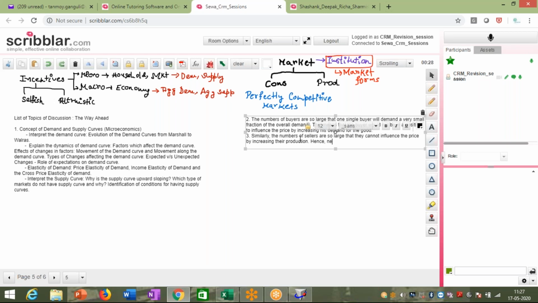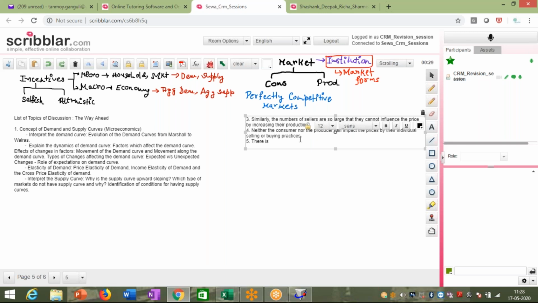Hence, neither the consumer nor the producer can impact the prices by their individual selling or buying practices.